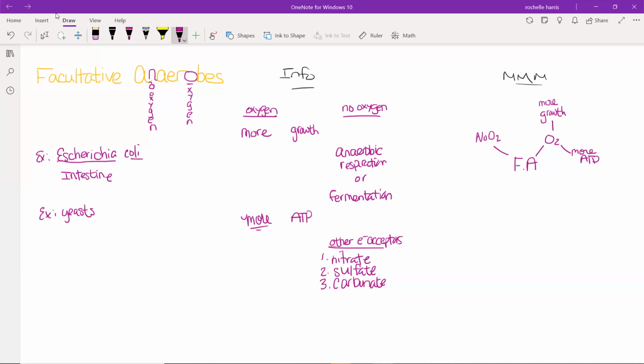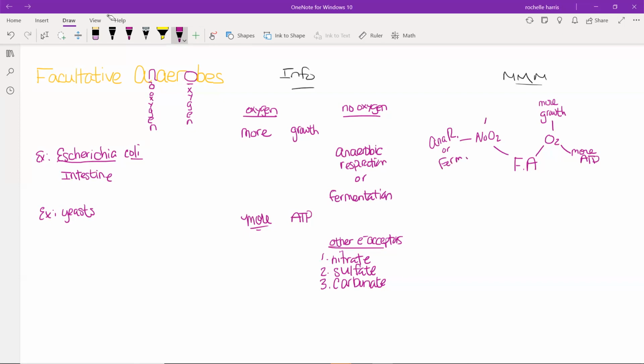When oxygen is not present, we see anaerobic respiration. I should change the abbreviation so you won't get confused with the other one. And then we also see fermentation.